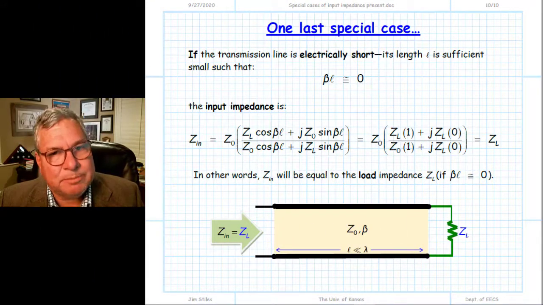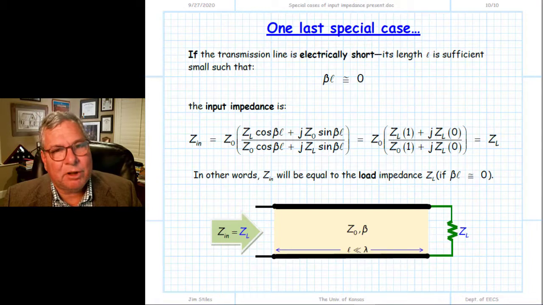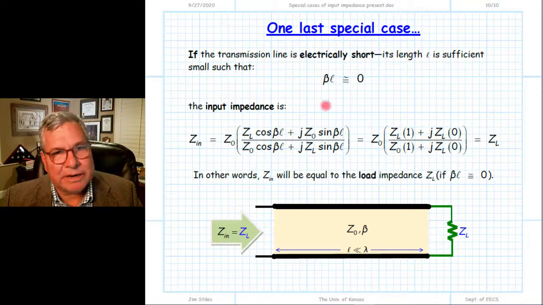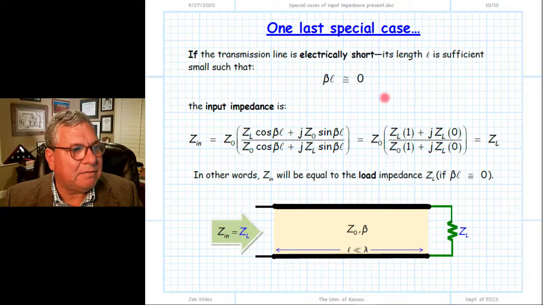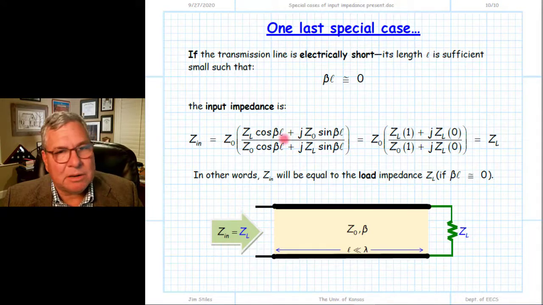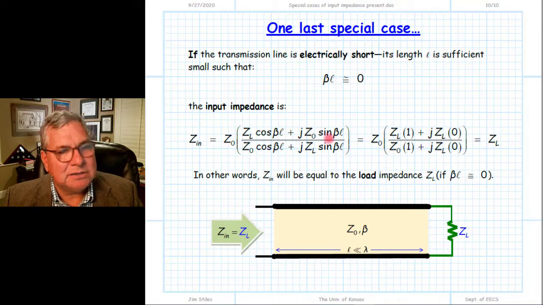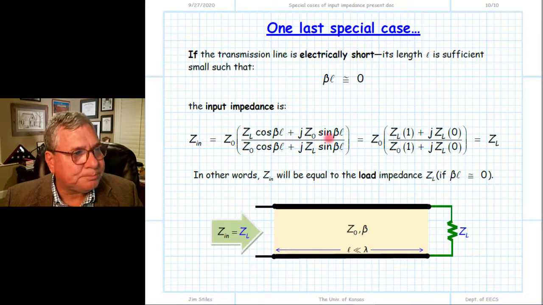Let's look at one last special case, and this special case does not involve the value of the load impedance that terminates the transmission line. Instead, it involves the length of the transmission line, specifically the value beta L, which shows up in our complex exponentials, or from Euler's equations, our cosine and sine functions.